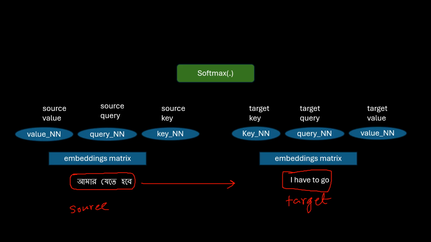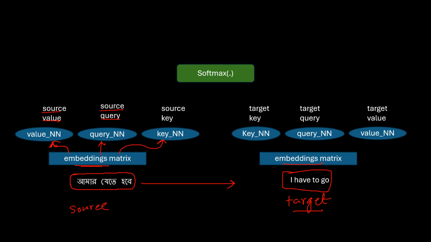So in cross-attention, we will have 2 embedding matrices. One is our source embedding matrix corresponding to our source sentence, and the other one is our target embedding matrix corresponding to our target sentence. The source embedding matrix will be used to create a source value using a value neural network, a source query using the query neural network, and a source key using a key neural network.